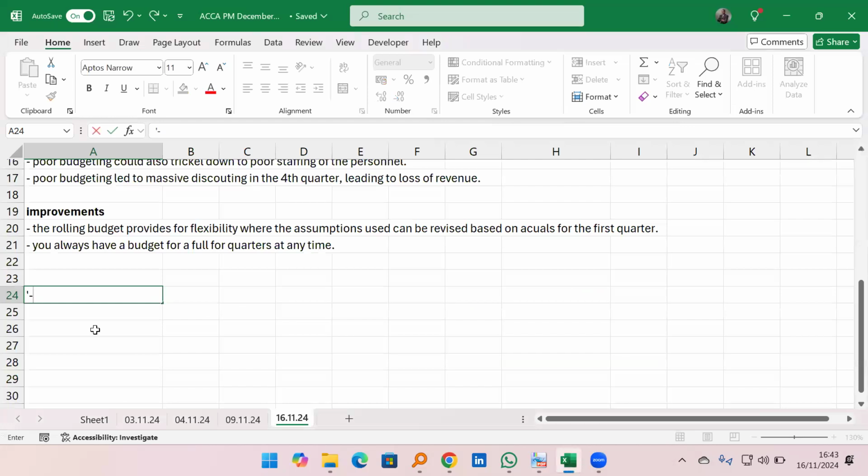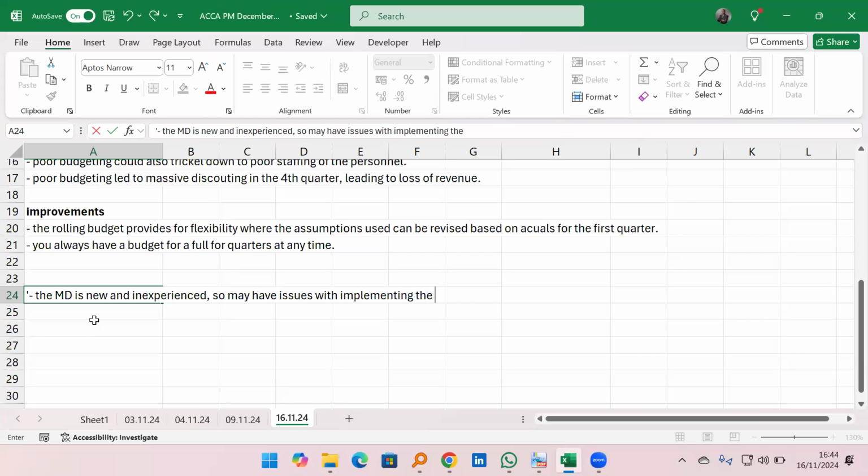So the first thing is that the MD is new and inexperienced, so may have issues with implementing the rolling budget.